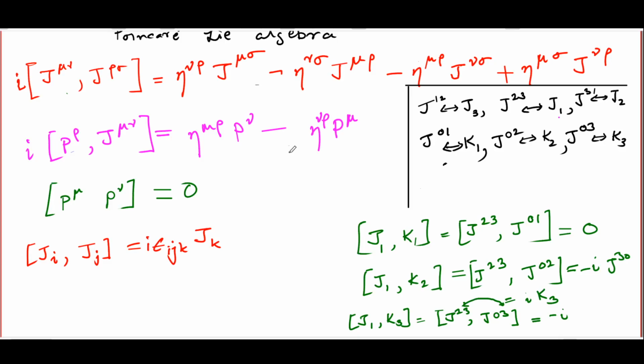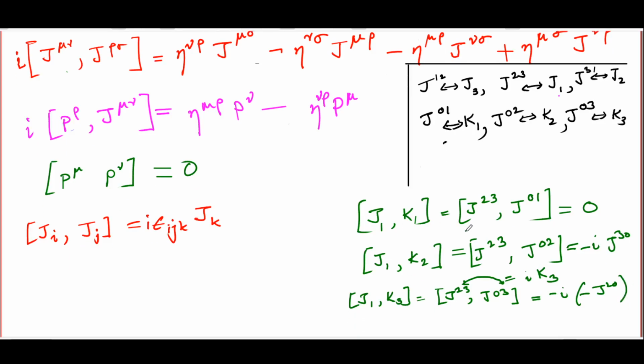So if you go back here, you're essentially saying you want nu and sigma to be on eta, which is this term. So minus eta nu sigma J mu rho. So minus J20. So what you get is i times J20, which is minus i times K2.